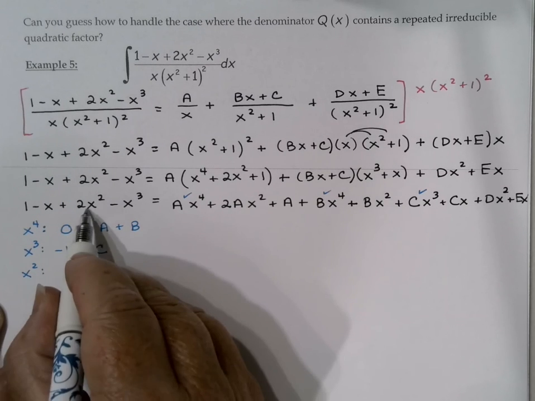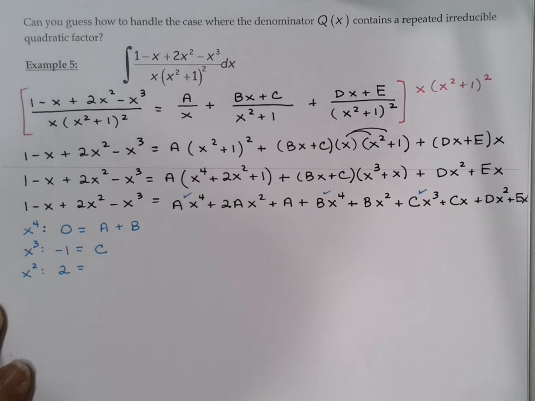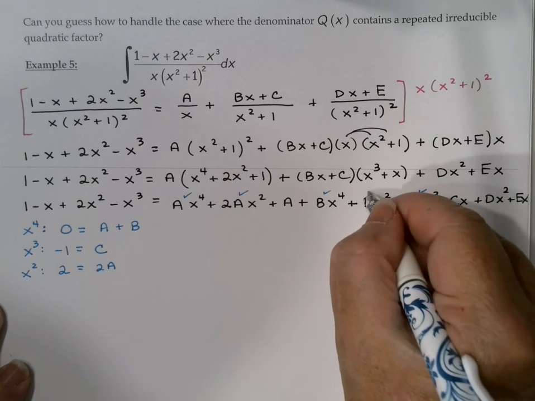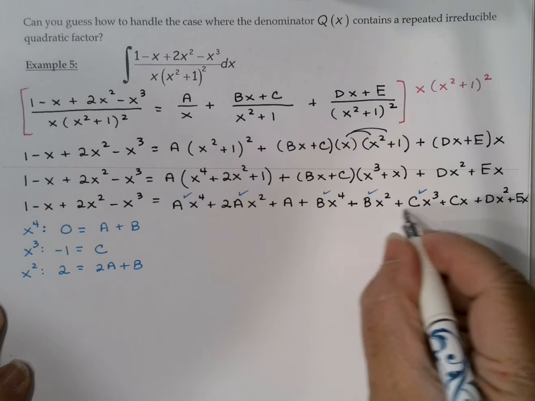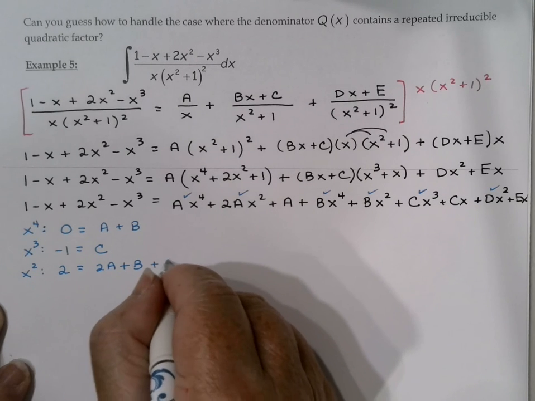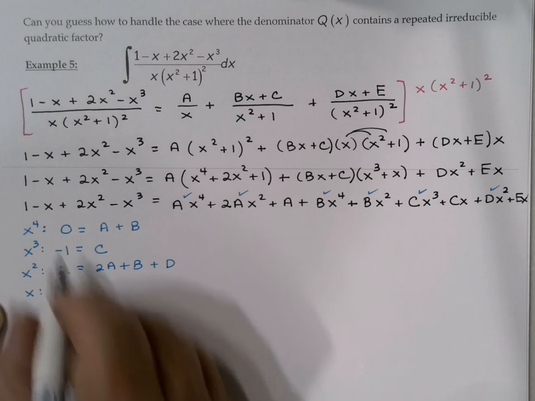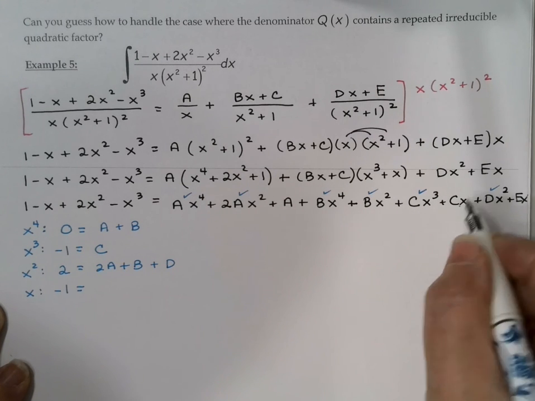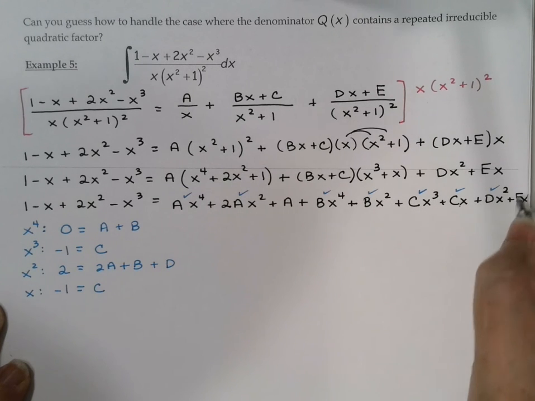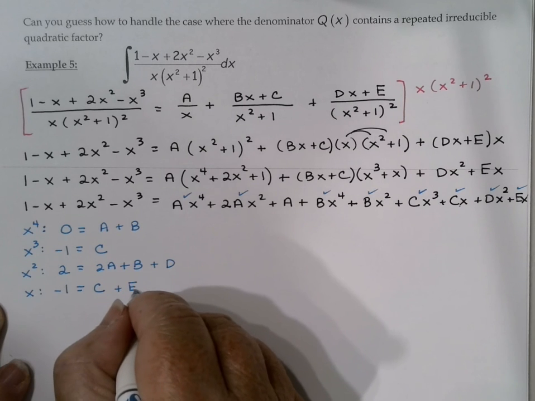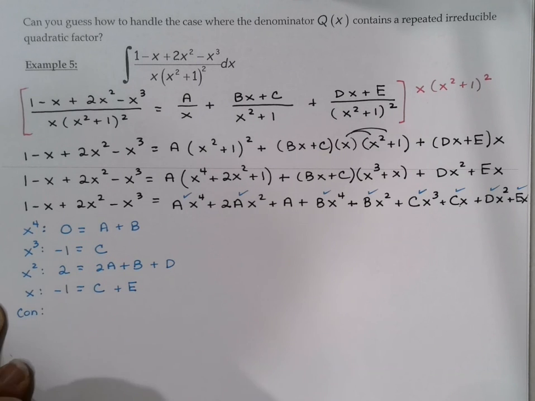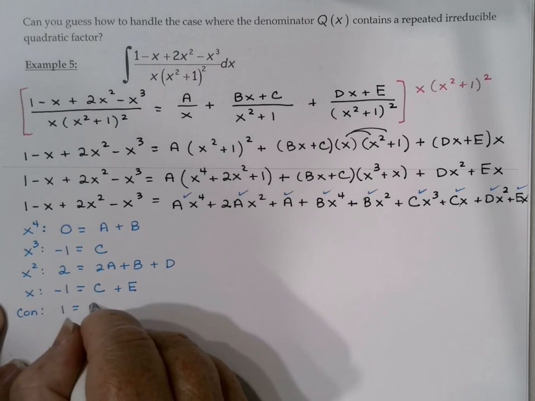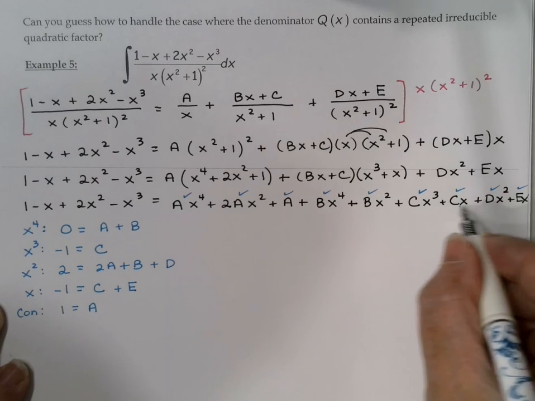X squared, got 2 here. 2A plus B plus D. X's, I've got -1 here. C plus E. And constants, +1 here. A. And that's it.